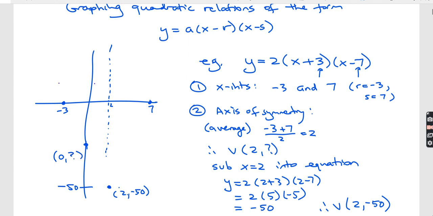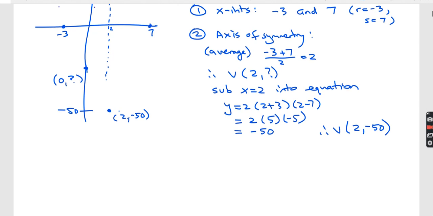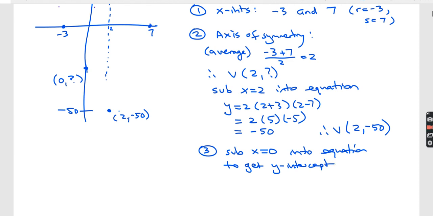So if I want another point, I can take my equation and figure out the y-intercept. So step 3 is I'm going to sub x equals 0 into the equation to get the y-intercept. The y-intercept is what you get when you make x equals 0.